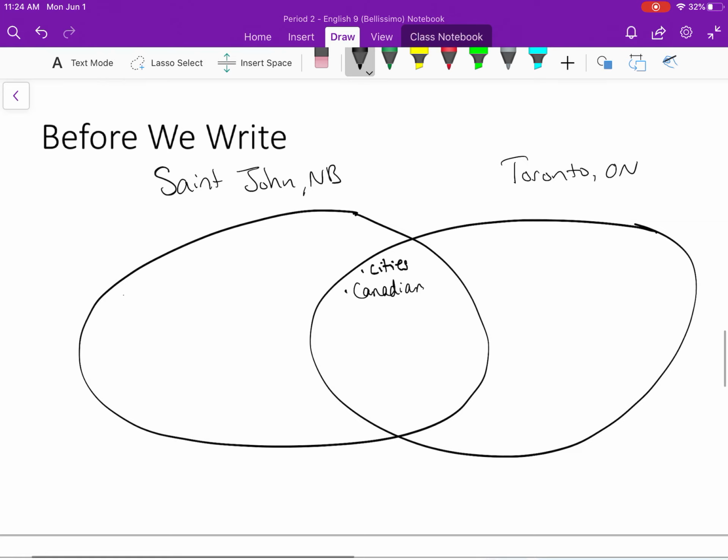Well, I know for sure St. John was the first city in Canada. I know that Toronto is currently the largest city in Canada. I know that Toronto is the most multicultural city.